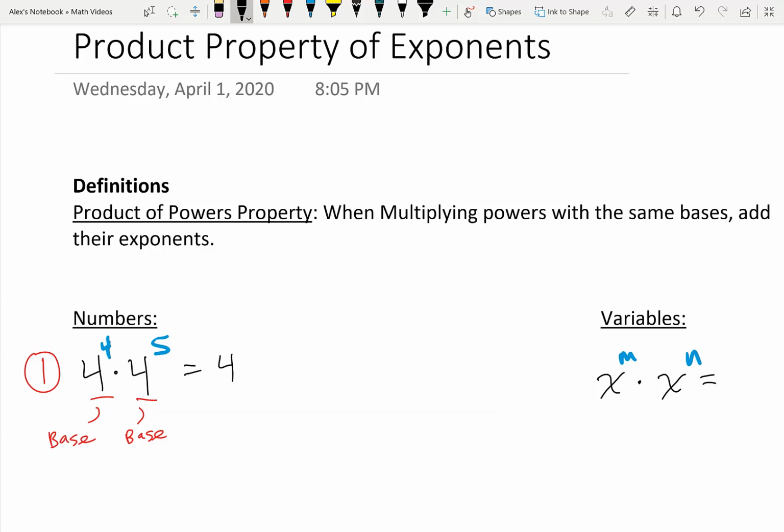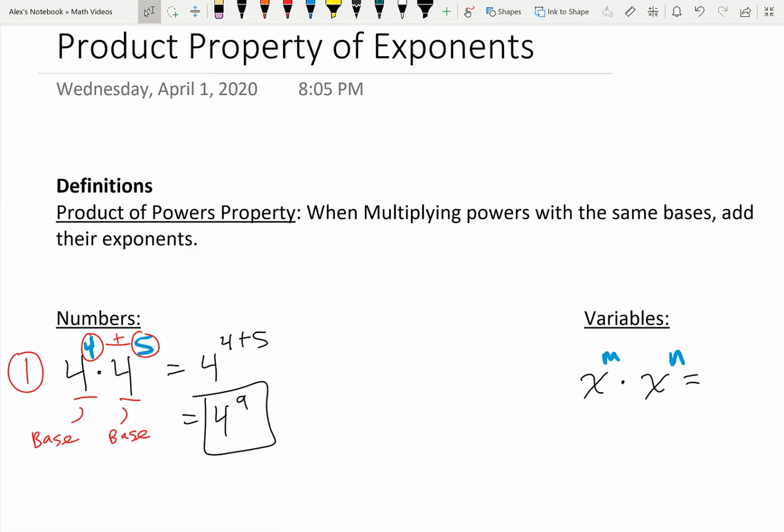Well, we keep the base the same, and we take these exponents and we add them. So this becomes 4 to the power of 4 plus 5. And what is 4 plus 5? If you don't know what that is, you need more help. It is 9. So we get 4 to the ninth power, people. That's it.